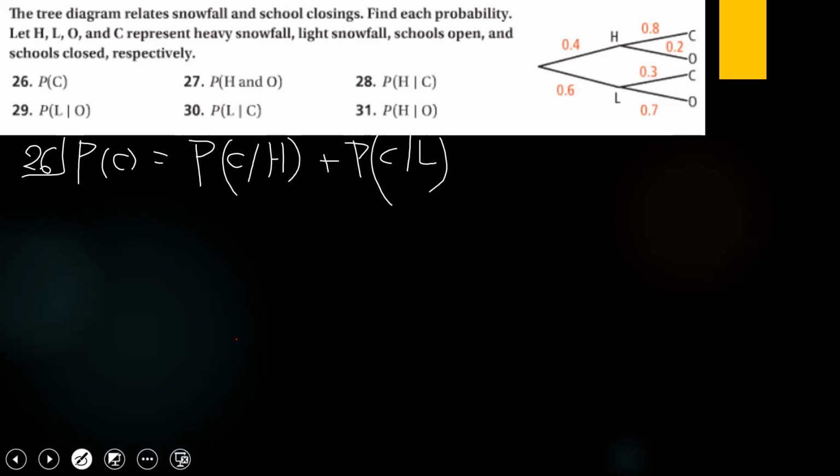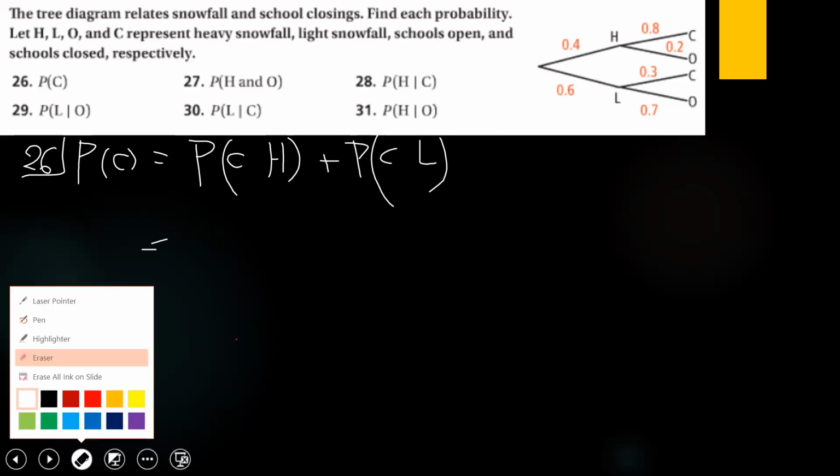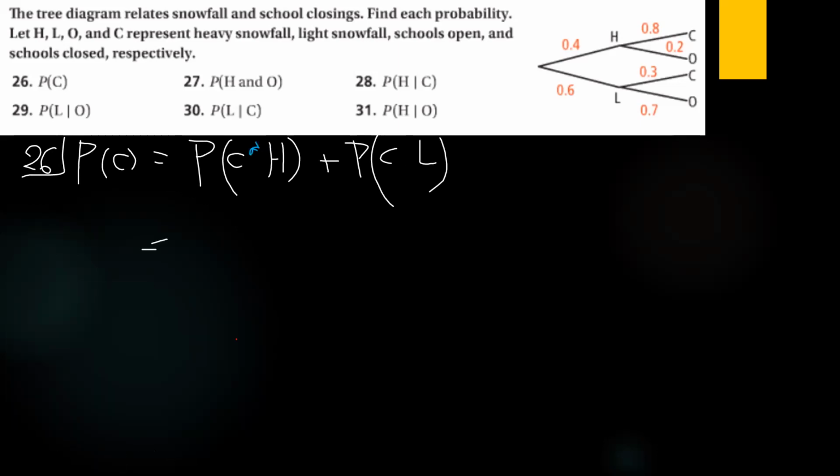Now let's find closed and heavy. What is the probability of closed and heavy, closed and light.